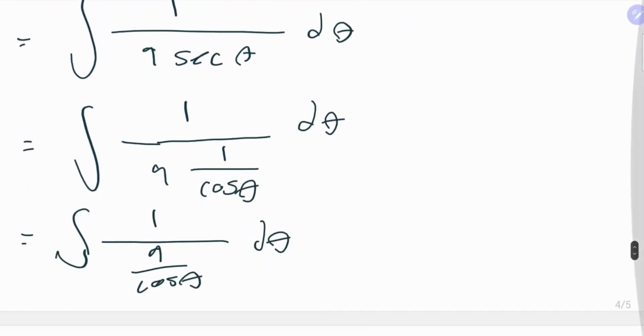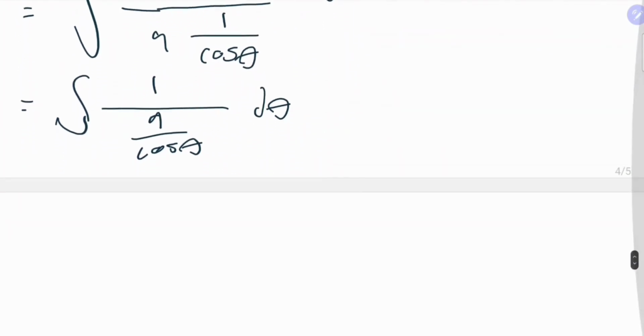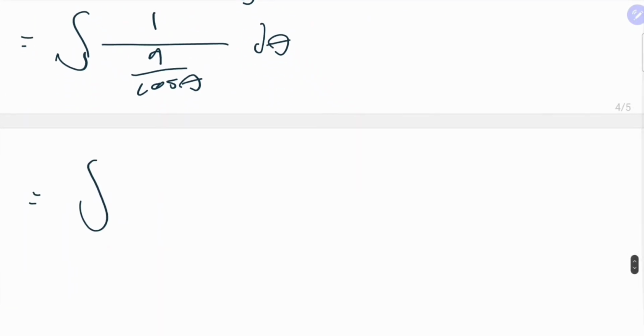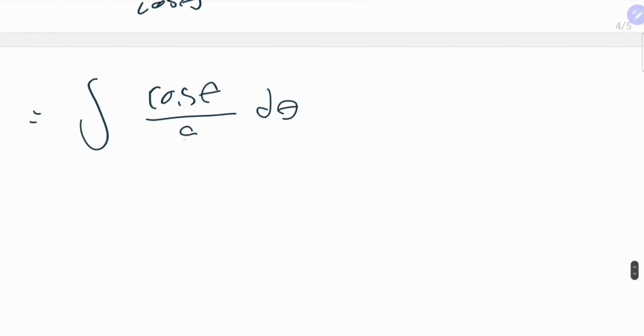So here we actually just flip this. So cosine theta over 9 d theta, and this is equal to 1 over 9 times the integral of cosine theta d theta.